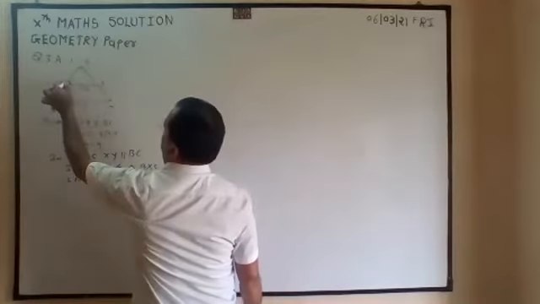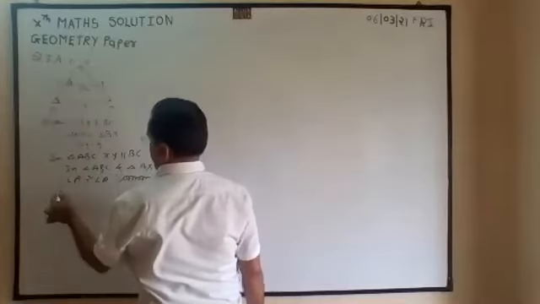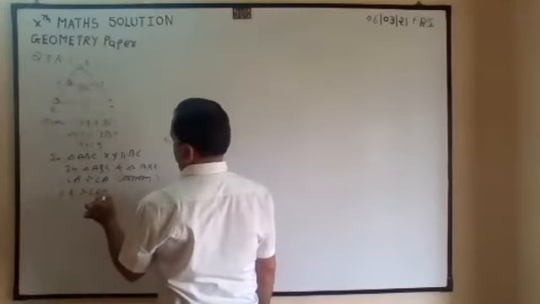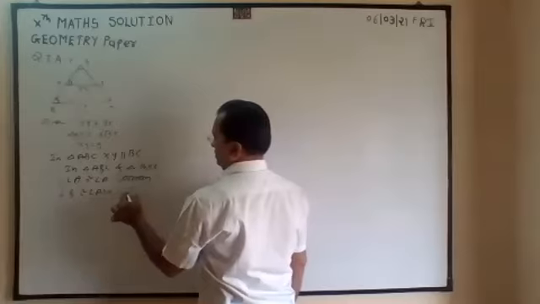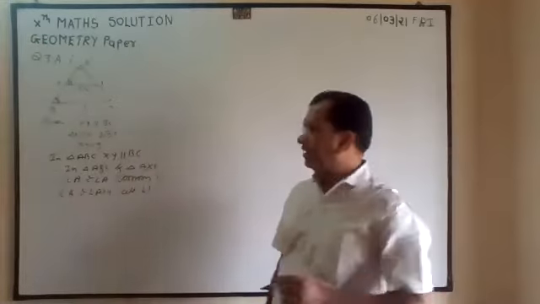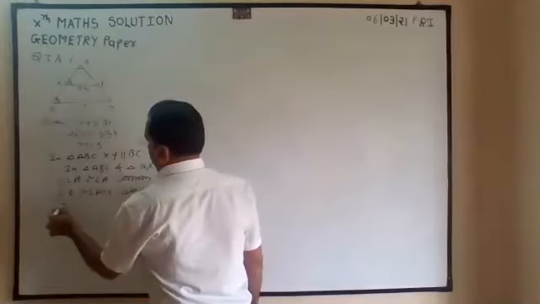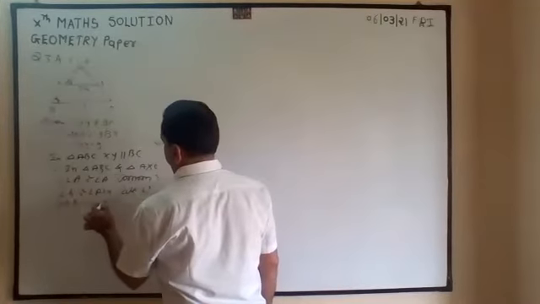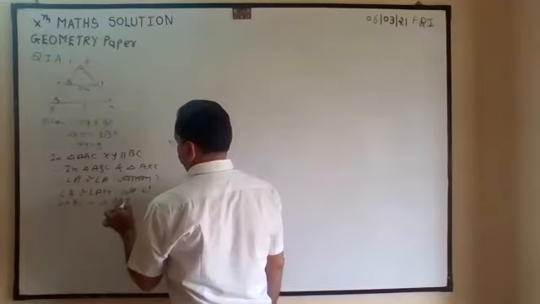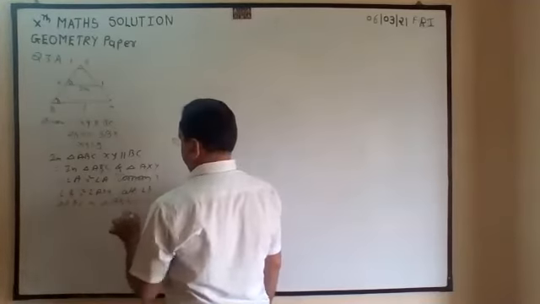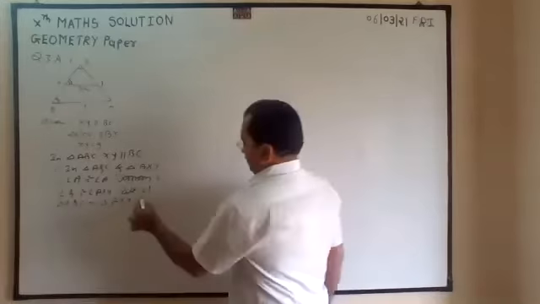And second, angle B is congruent to angle AXY, alternate angle, because parallel is given. Therefore, triangle ABC is similar to triangle AXY by AA test.